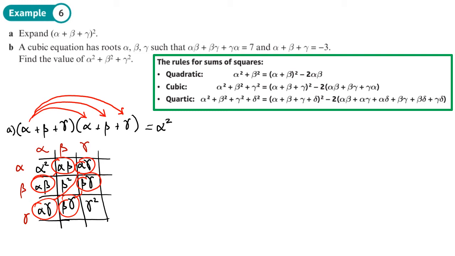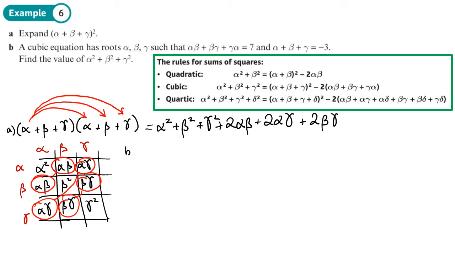So alpha squared plus beta squared plus gamma squared, and then we've got 2 lots of alpha beta plus 2 lots of alpha gamma plus 2 lots of beta gamma.